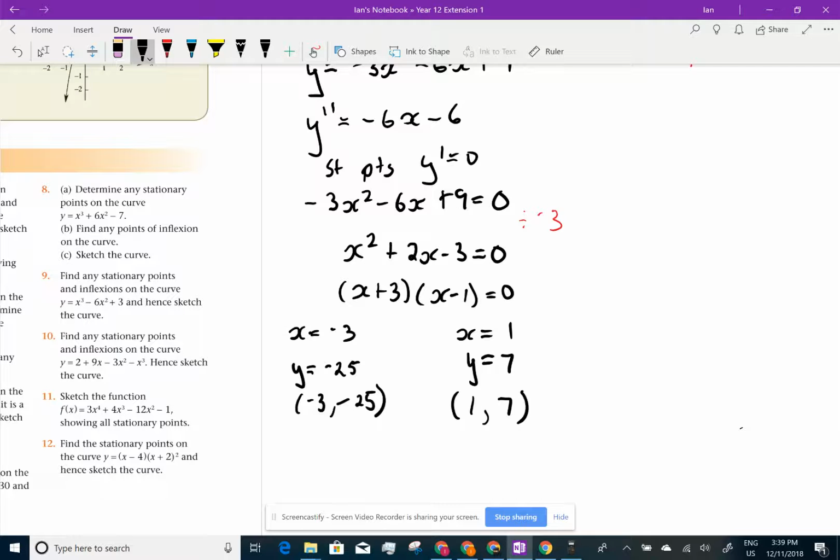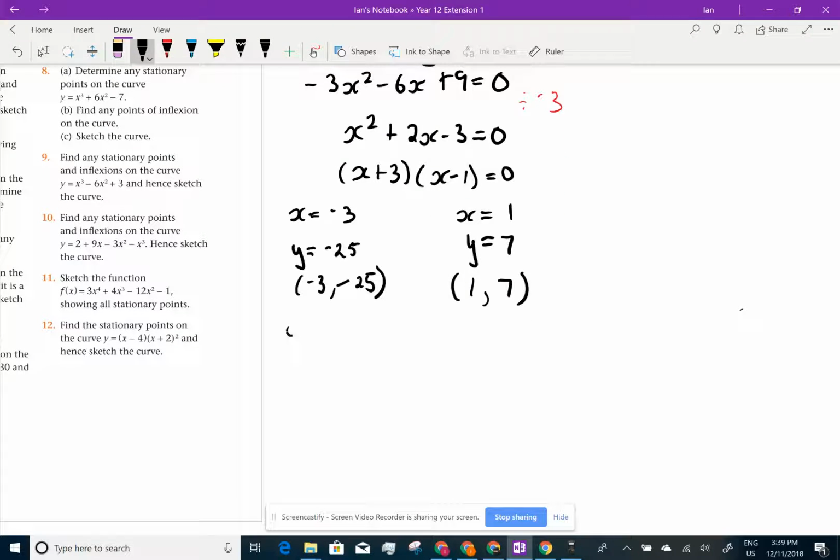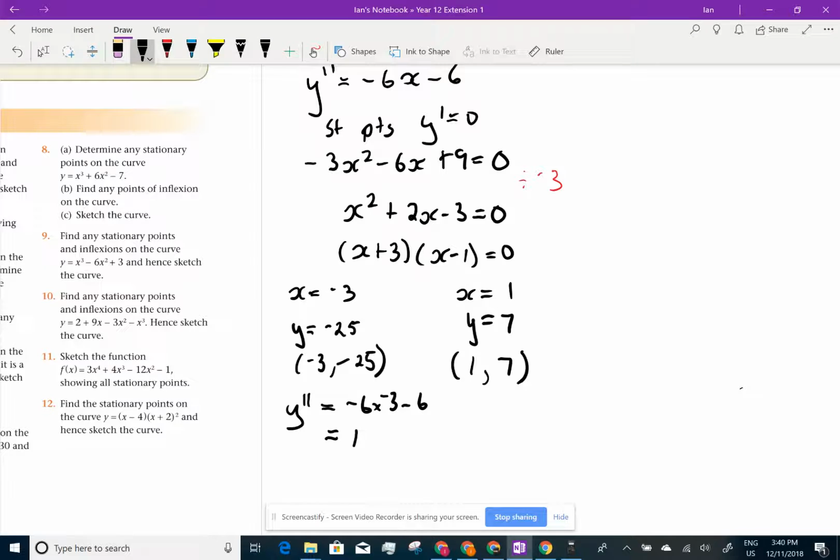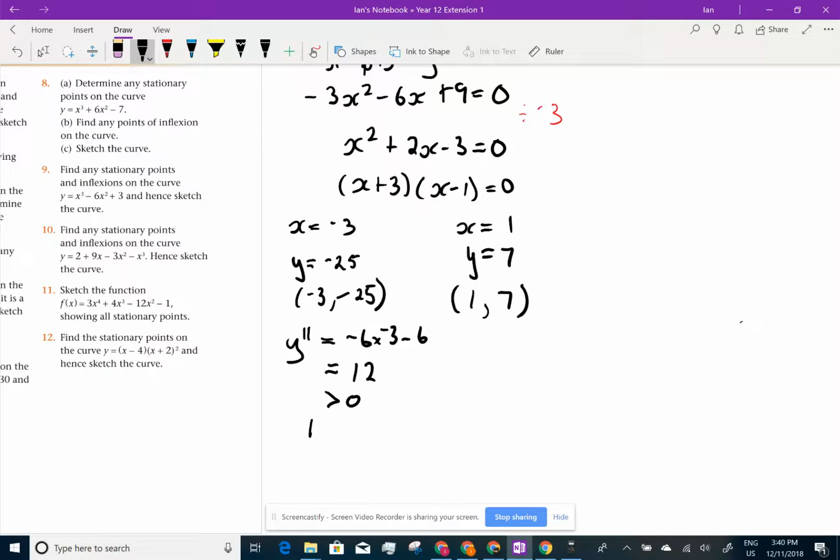Okay, so at that point, y double dash equals, well, I'll put minus 3 into y double dash, minus 6 times negative 3 minus 6. Well, that's going to be 18 minus 6, that's going to be 12, which is greater than 0. Therefore, I have a min, because the concavity is concave up, min TP.